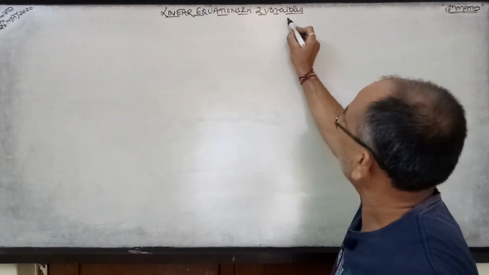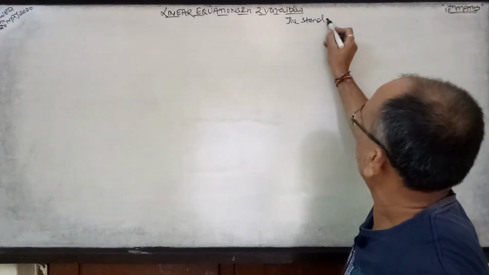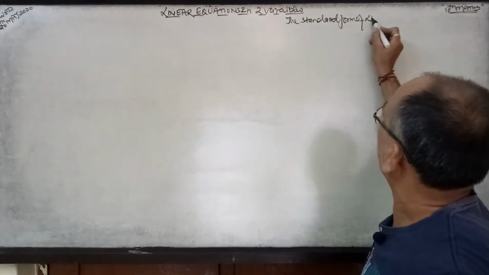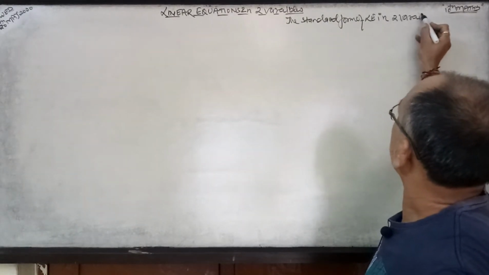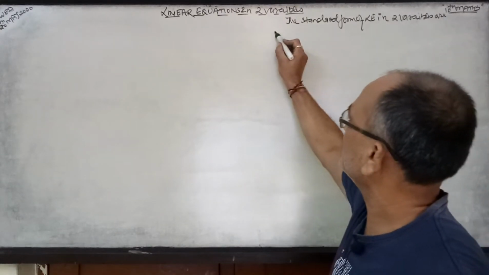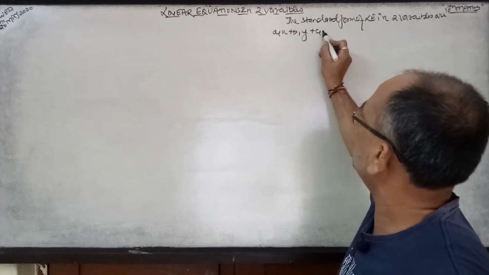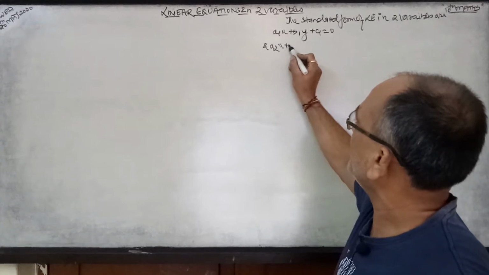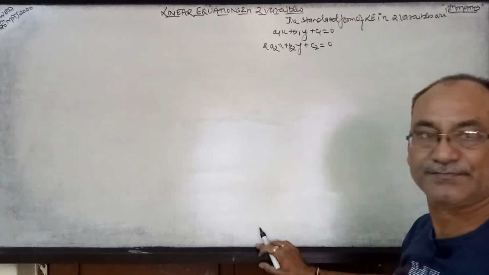First, we have to know about the standard form of linear equations in two variables, which are a1x plus b1y plus c1 is equal to 0 and a2x plus b2y plus c2 is equal to 0.